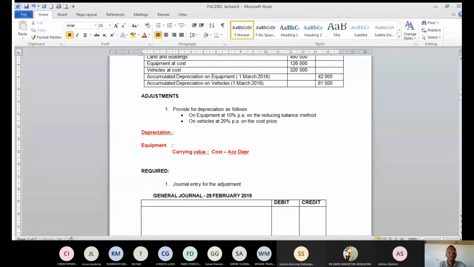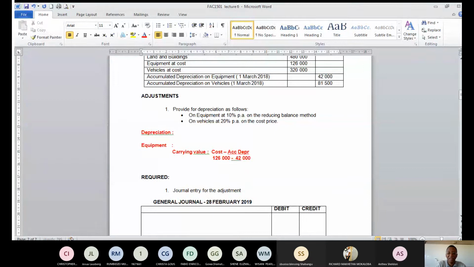So go to equipment, where the cost price of equipment is 126,000 Rand. You minus your accumulated depreciation on equipment, and your accumulated depreciation on equipment is 42,000 Rand. Remember, with the diminishing balance method, you must first calculate your carrying value, 126,000 minus 42,000, that will give you 84,000.